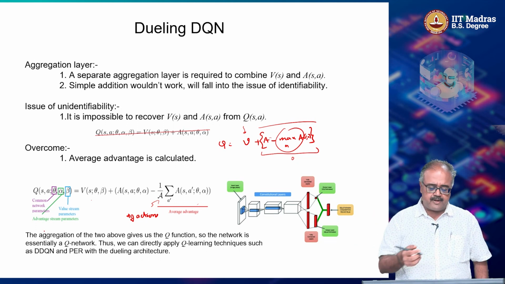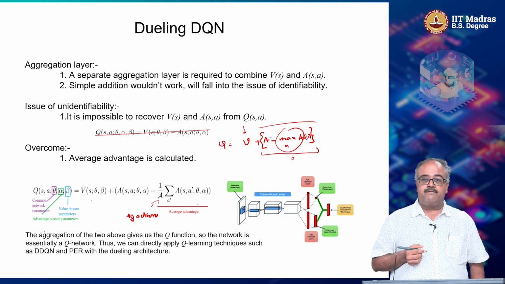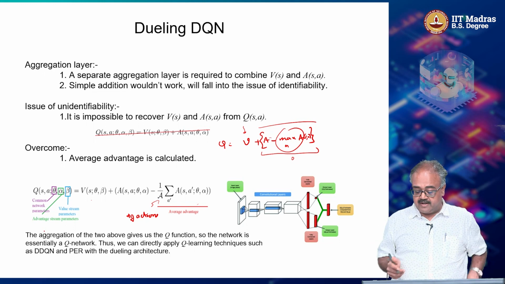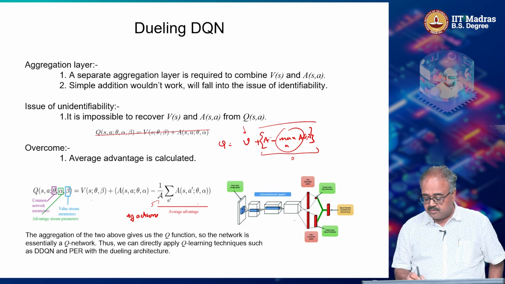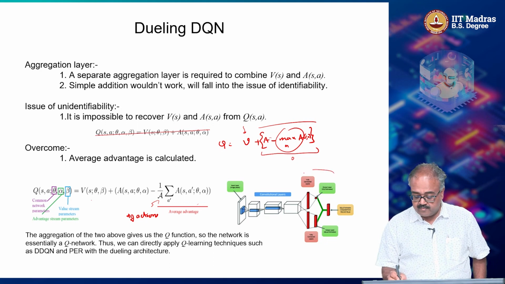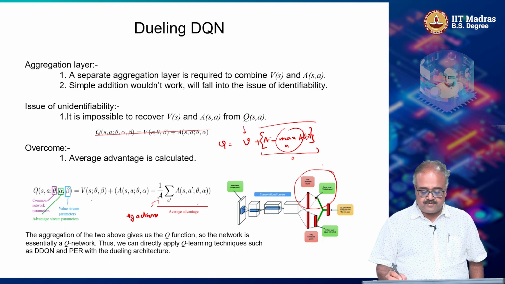If you notice, I have been putting a lot of parameters within the Q function and also within the value function and the advantage function. So this is where the deep learning piece comes in. I am going to have a value network, which is parameterized by beta.